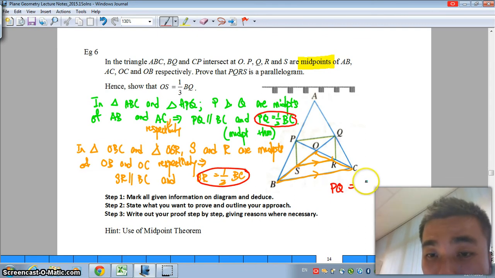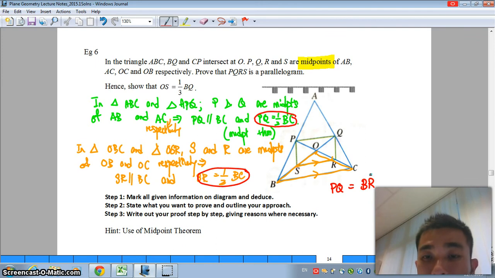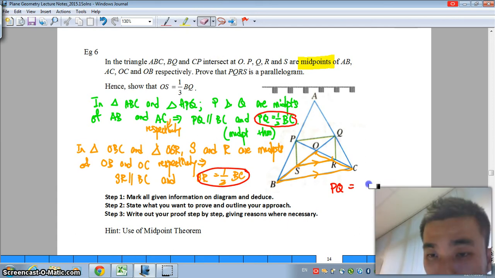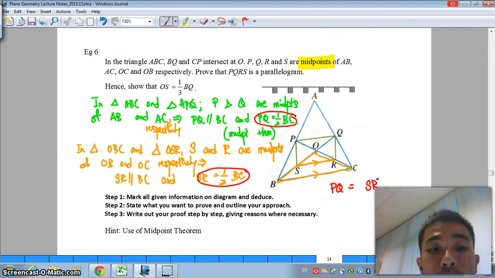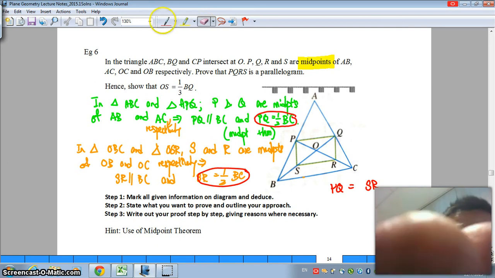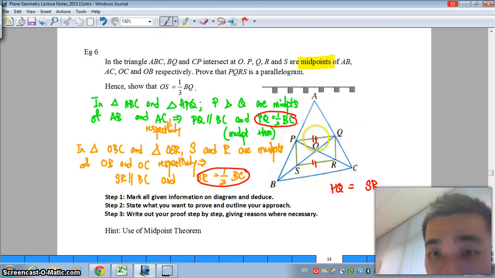PQ is equal to SR, I'm sorry. PQ is equal to your SR. So for certain, this length and this length are equal.